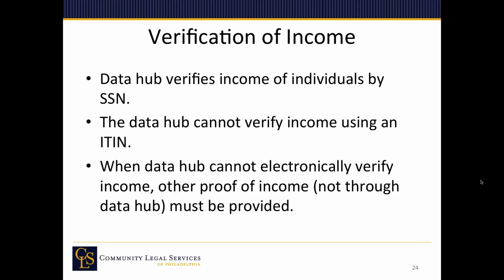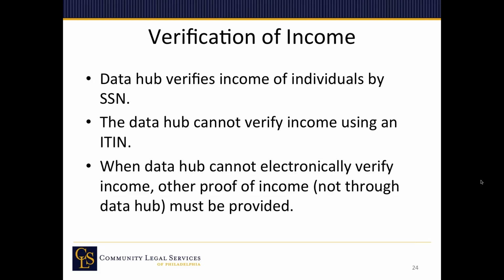The data hub uses Social Security numbers to look through IRS data to verify that people's income is what they say it is. They cannot use an ITIN to verify income, so people who are filing taxes using ITINs, individual tax identification numbers, instead of Social Security numbers, can't use the data hub.